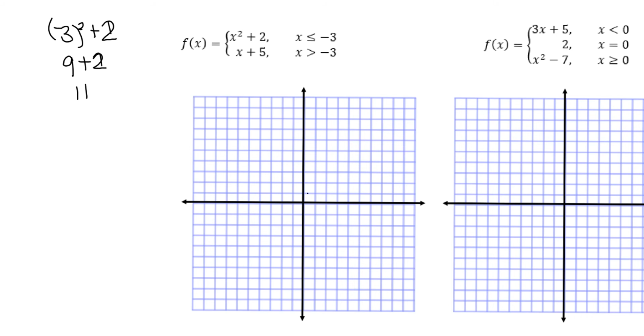I'm going to change my y-axis to go up by 2's and leave my x-axis to go up by 1's. So at negative 3, 11, I'm going to have a point. And because this function has the equal to, I'm going to have a closed circle, a filled in circle there because that is on the graph.